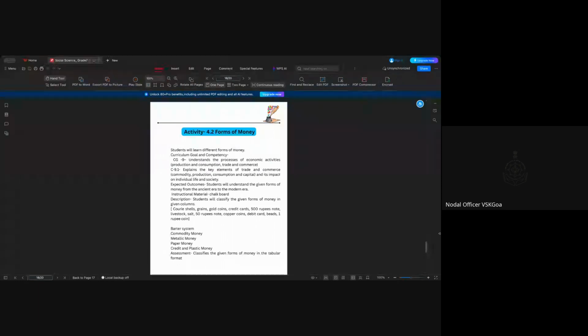But teachers should not compel the child, should not force the child. Let the child willingly and freely, actively participate in this form of activity. These activities should not be a burden for the child. The child should enjoy and take interest while conducting these activities.